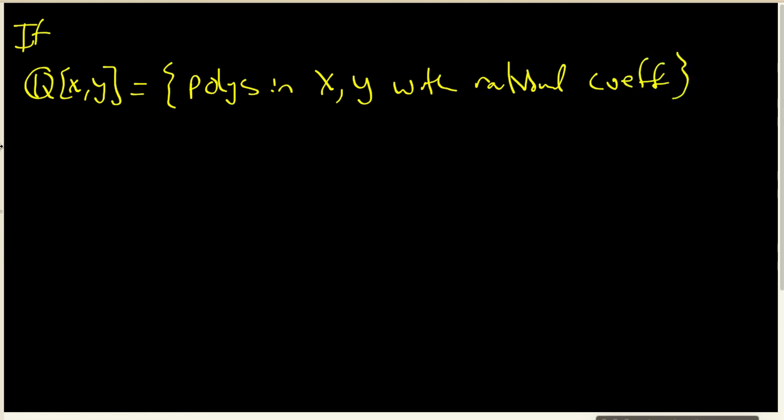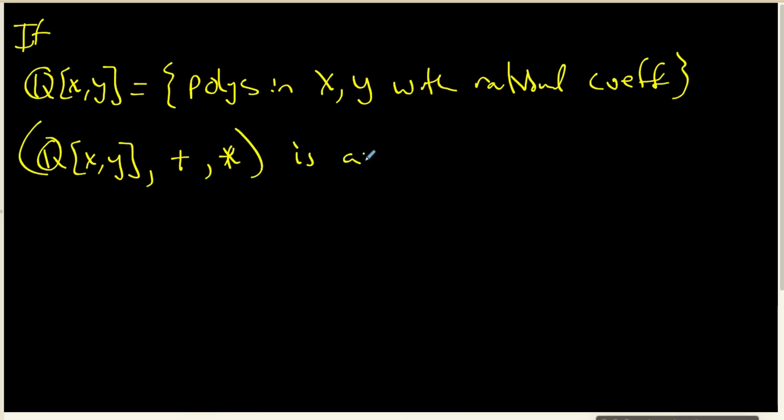Well, it turns out that if I look at this set of polynomials in x and y under polynomial addition and polynomial multiplication, this is still going to be an integral domain.